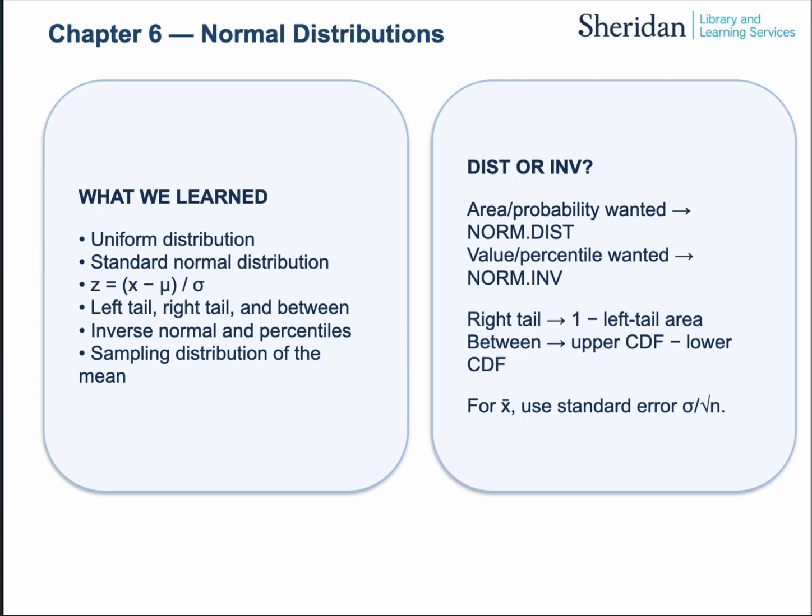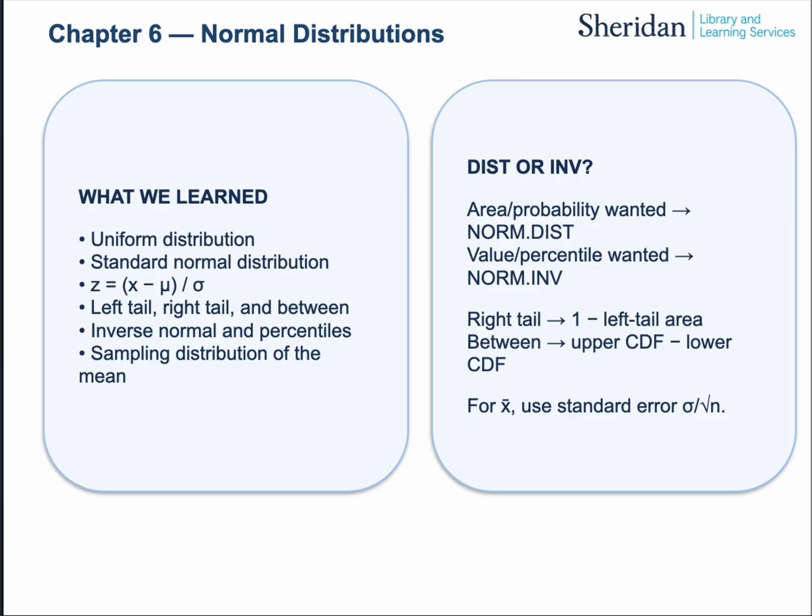The left side and the right side are mirror images of each other. The highest point of the curve is located at the mean, and as we move further away from the mean, the probability gradually decreases.